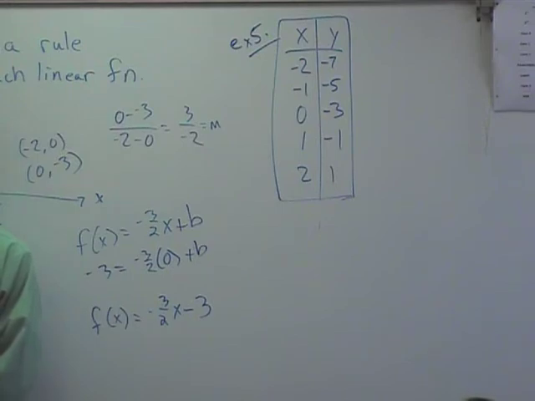You're still going to find the correct slope. And then plug in a coordinate and find b. When you plug in a coordinate, do you have to use the coordinates used to get the slope? No, you can use any of the points on the line.